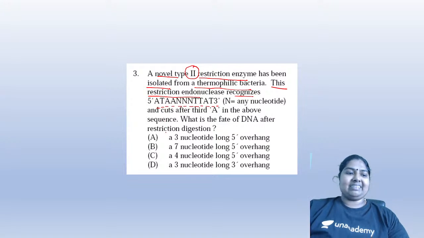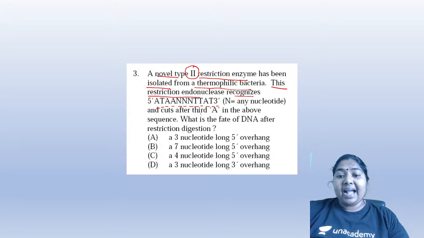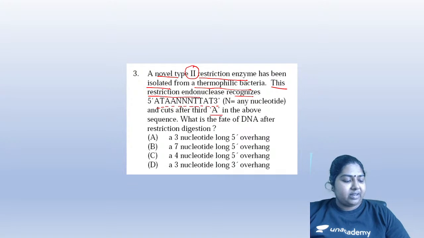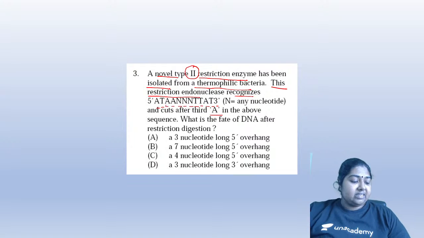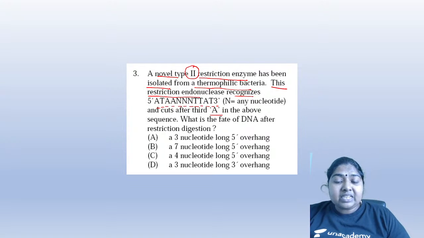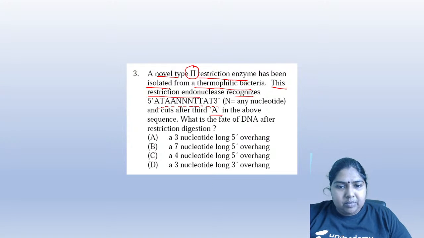And what this does is it is going to cut after the third A. So exactly after this third A, it is going to make a cut. Remember, this is the first A, this is the second A, this is going to be the third A. So here it is going to make a cut in the above sequence.